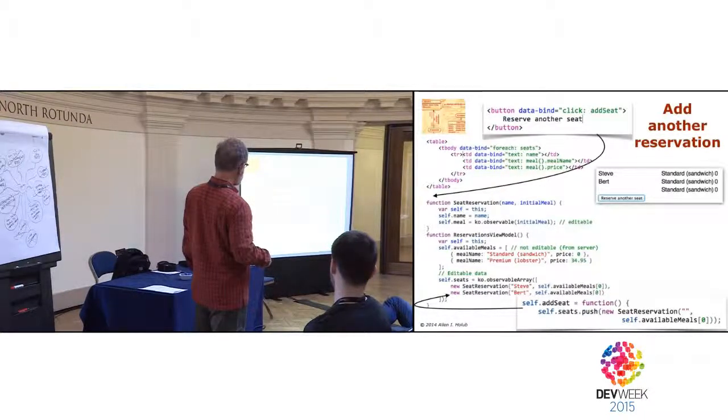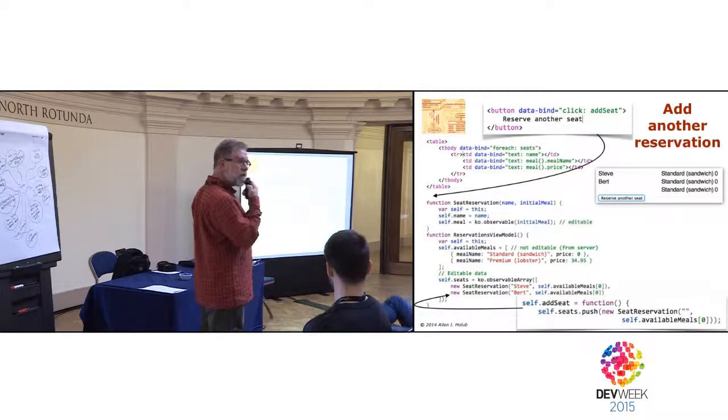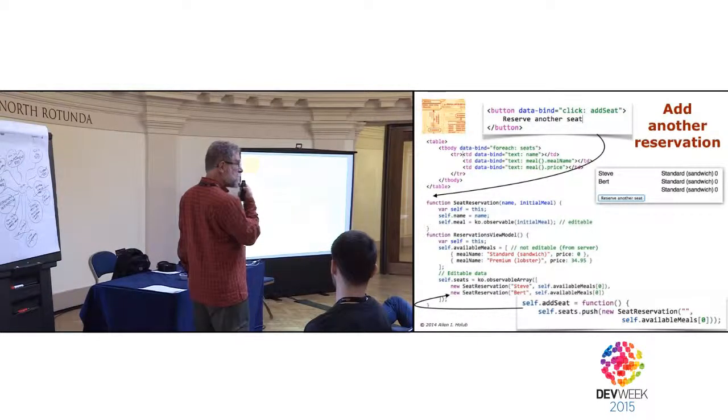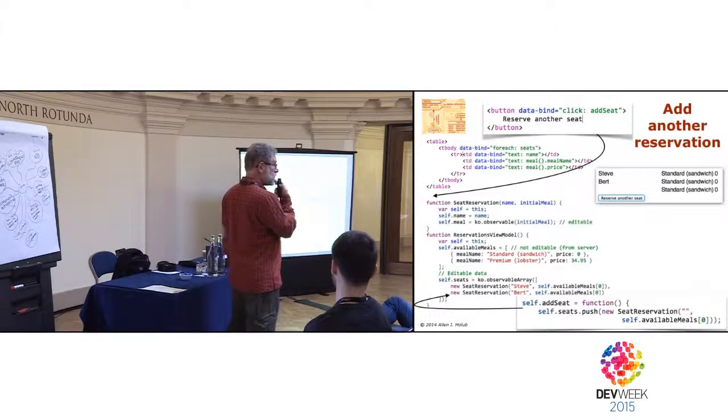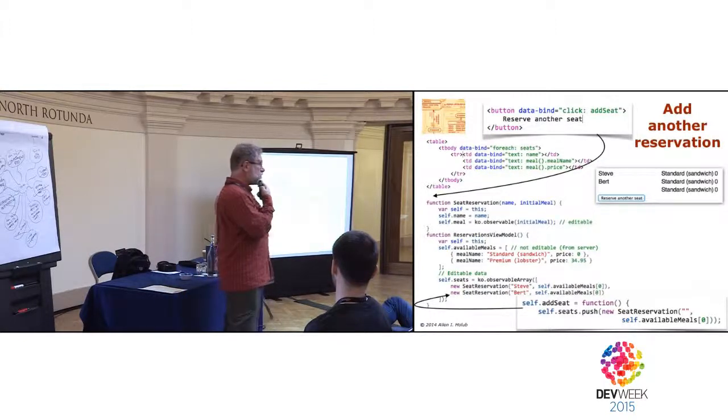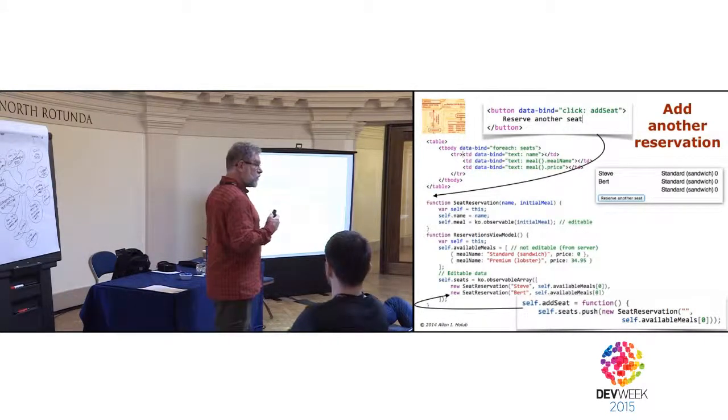Now, notice that I'm using the push function here to put a new element into this array. That's actually just part of JavaScript. Arrays in JavaScript are not actually arrays. Arrays in JavaScript are lists. So you can push things into them, you can pull things out of them. You're just using a square bracket, so that's the list.